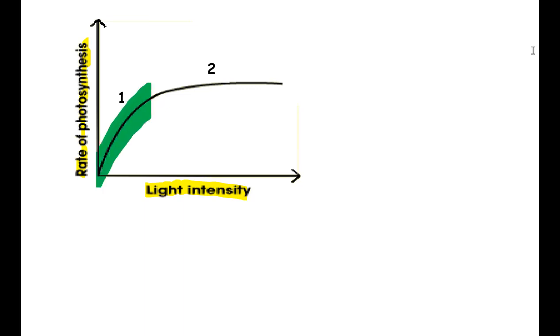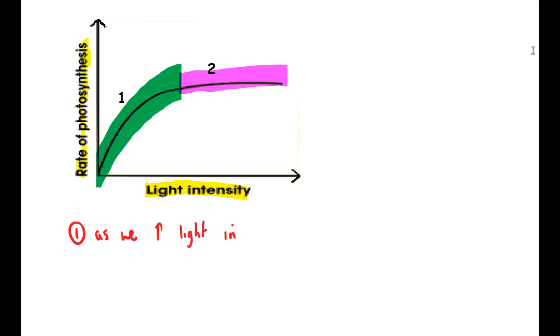There's a bit here and a bit here. So at position 1, the trend that we can see is as we increase light intensity, the rate of photosynthesis also increases.